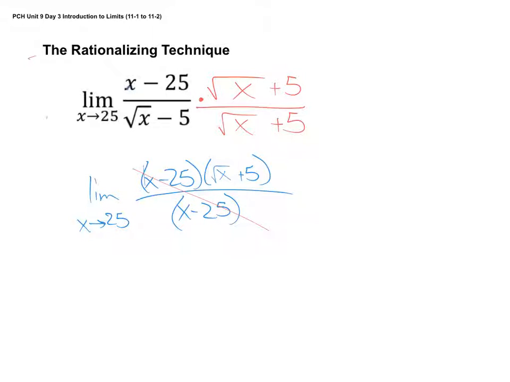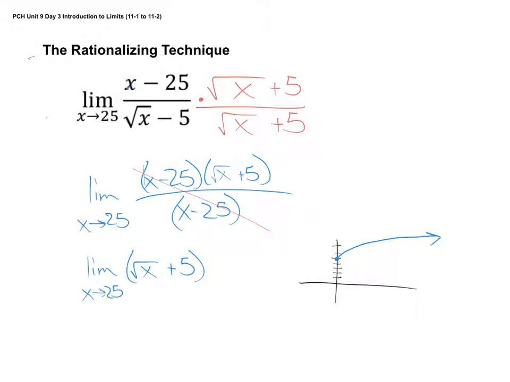So now for our end result, we're taking the limit as x approaches 25 of the function that doesn't have the hole in it anymore. That is continuous around 25. That's just the square root function shifted up 5 and it goes like this. Okay?